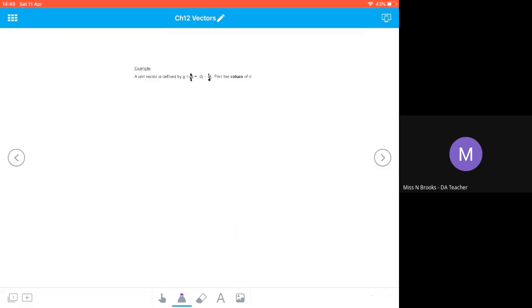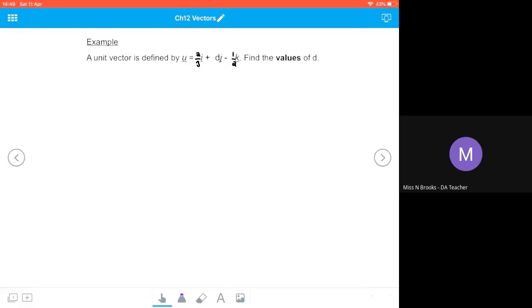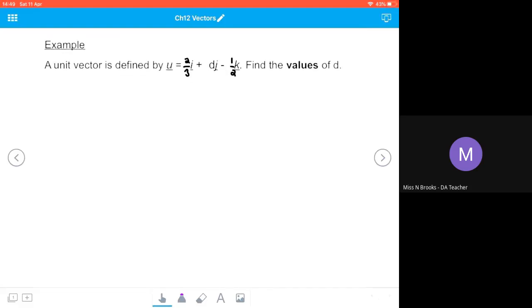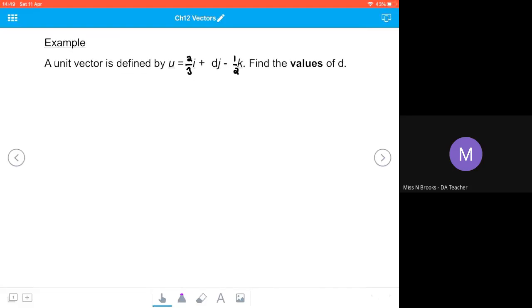The second example we've got is we want to find an unknown component given the fact that this is a unit vector. So how do we go about doing that? Well, we know that a unit vector has a magnitude of 1.